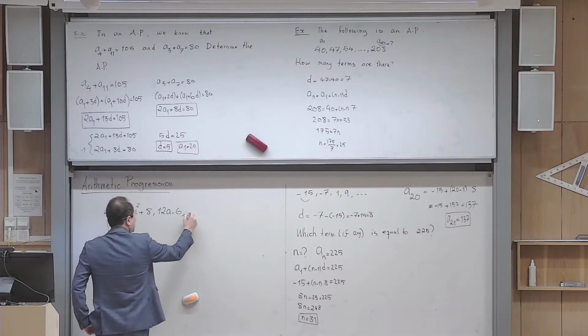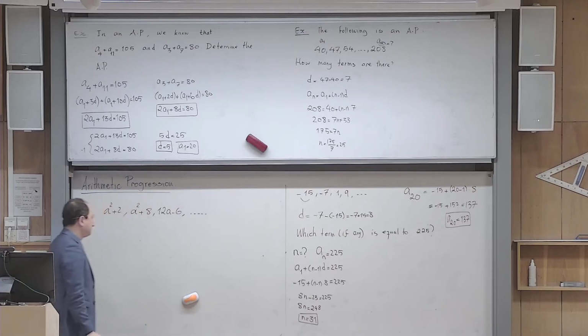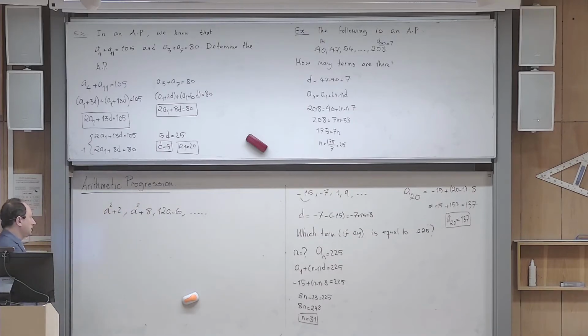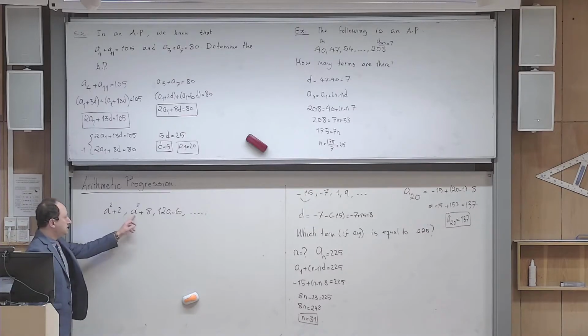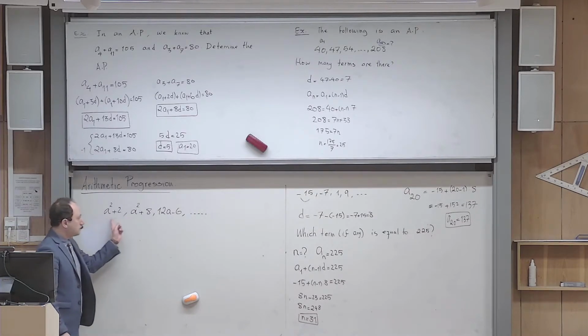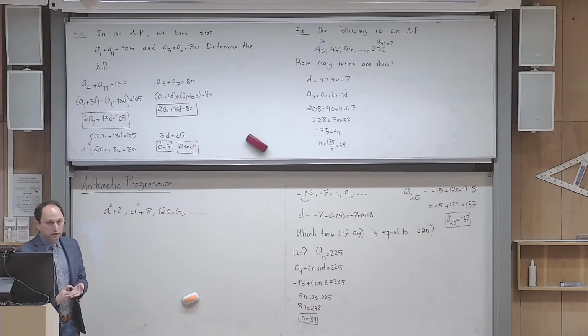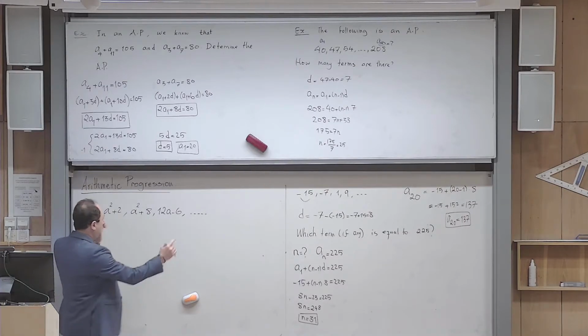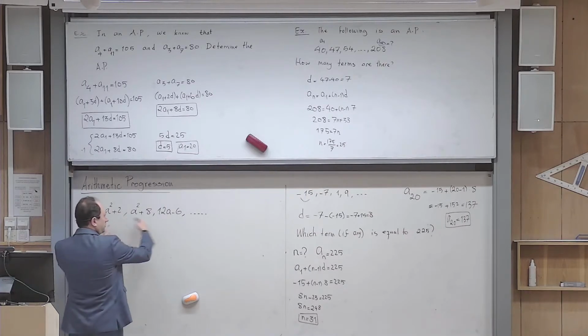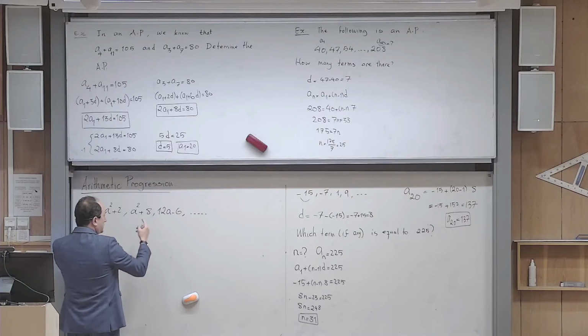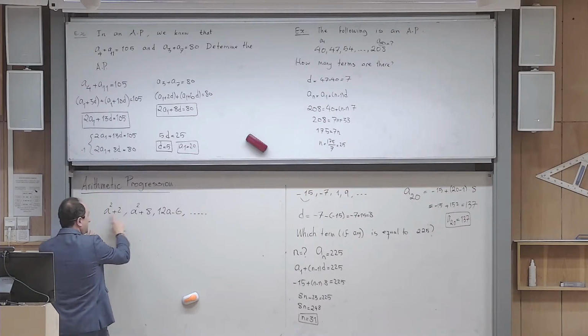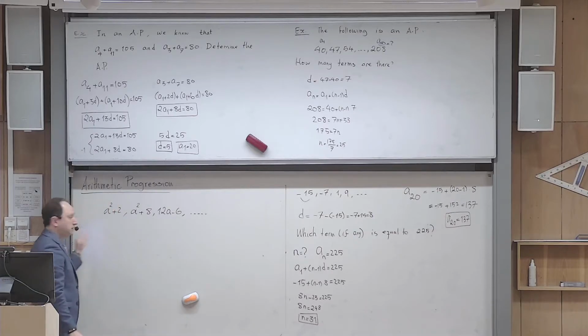And then I will write some dots here. My question is that I want you to find this missing A so that this forms an arithmetic progression. I only have one piece of a long sequence, probably the first three terms, but I want to fine-tune this unknown A so that this list becomes an arithmetic progression.